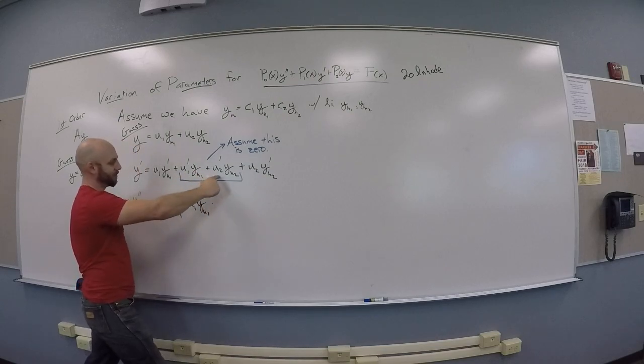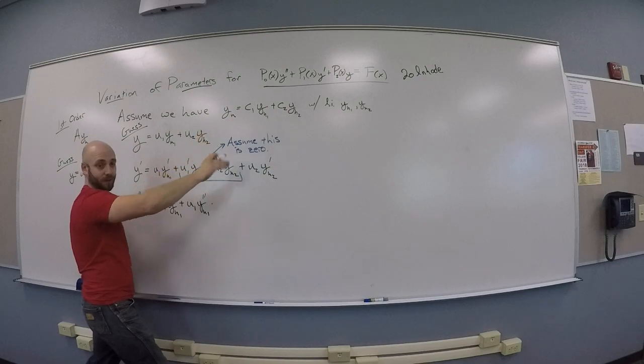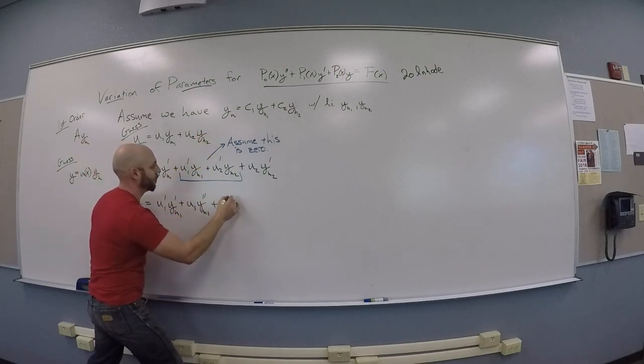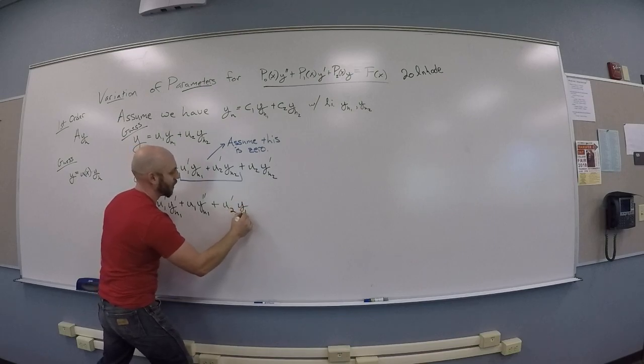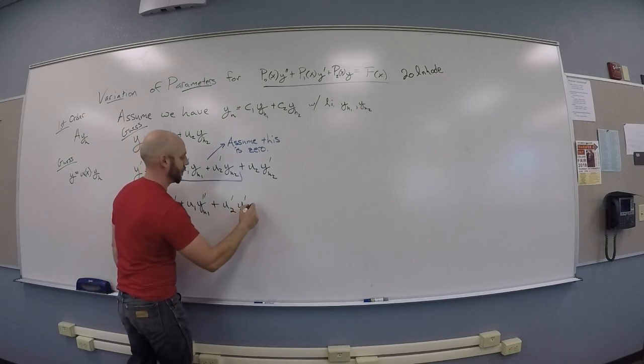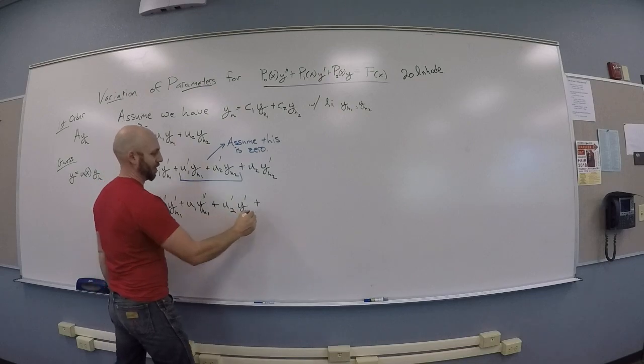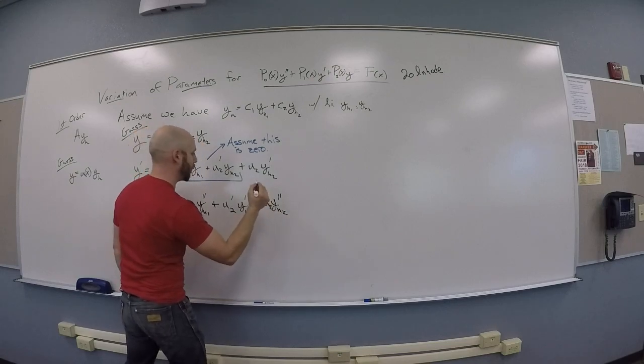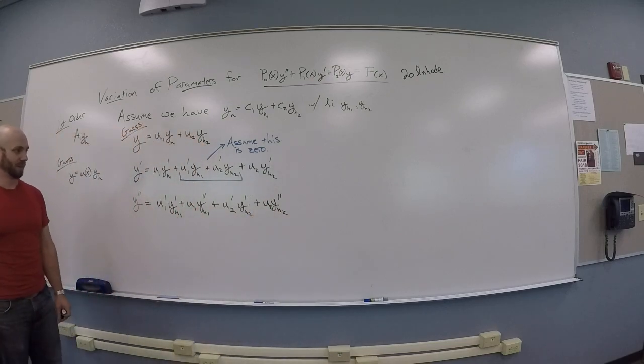And then I don't need to do anything with the blue stuff because I assumed that was 0. And I'm doing plus u2 prime yh2 prime plus u2 yh2 double prime.